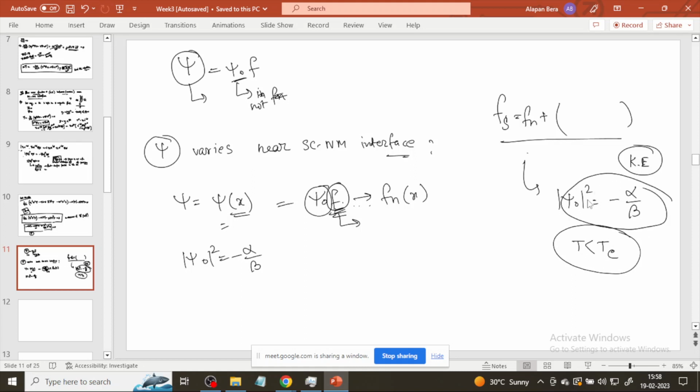So this is the result you already know, and minus alpha is basically written as this a that I mentioned in the beginning. So we have these results also in our hand.